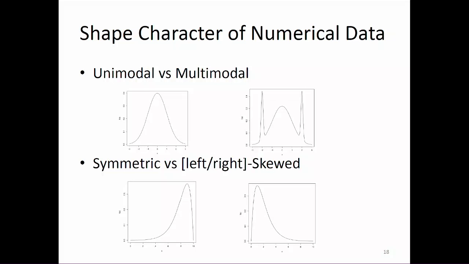And there's lots of terminology floating around. People sometimes call these either positive or negative skewed, or right or left skewed. The terminology that we're going to adopt is right or left skewed, and contrary to your conventional understanding, right-skewed data is about the direction the tail points.